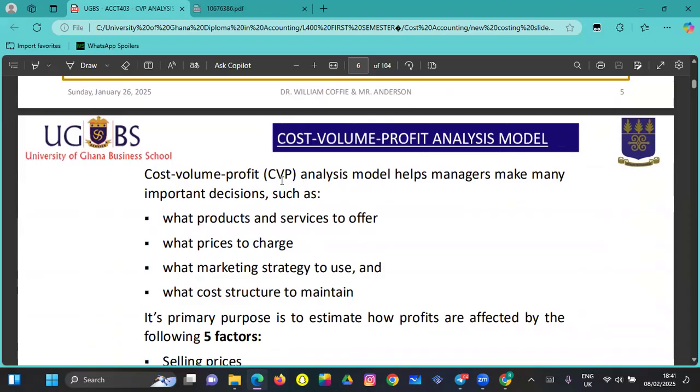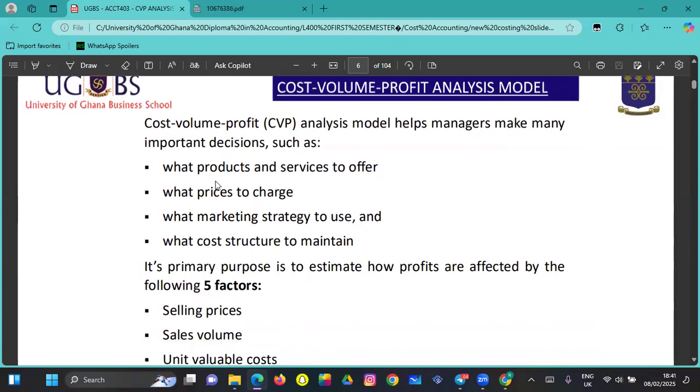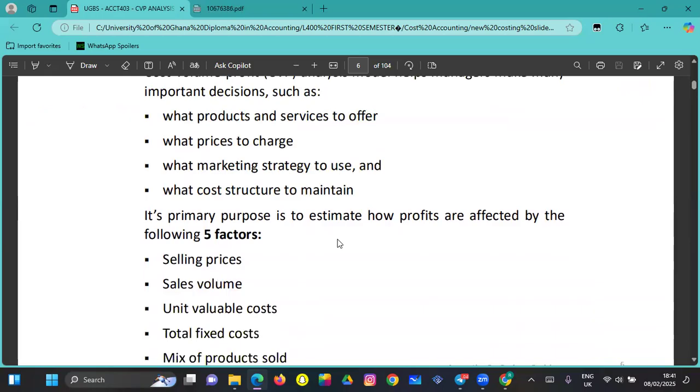This is a model that helps managers make many important decisions, such as what products and services to offer, what prices to charge, what marketing strategy to use, and what cost structure to maintain.